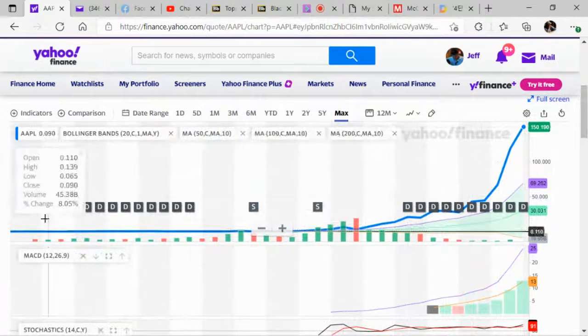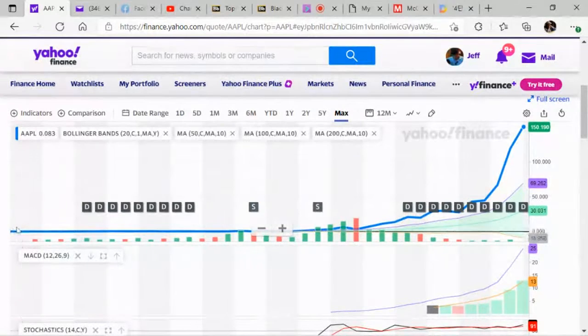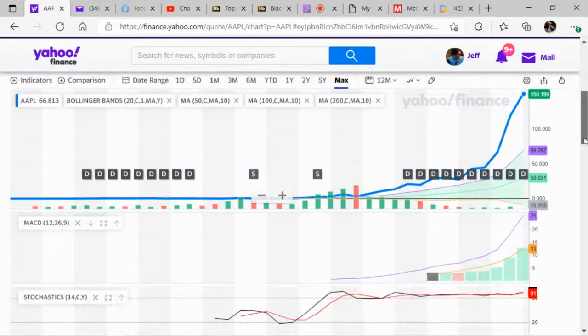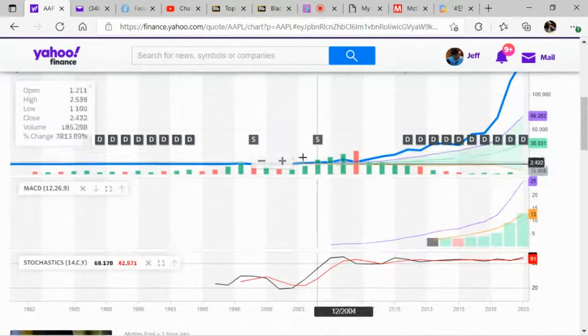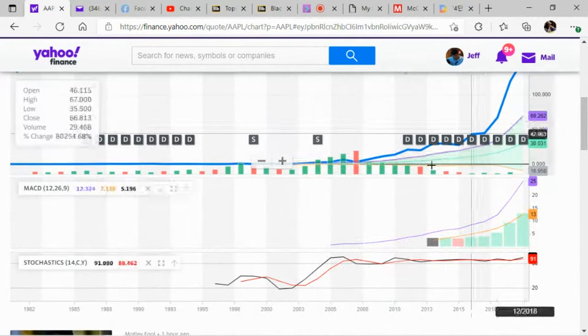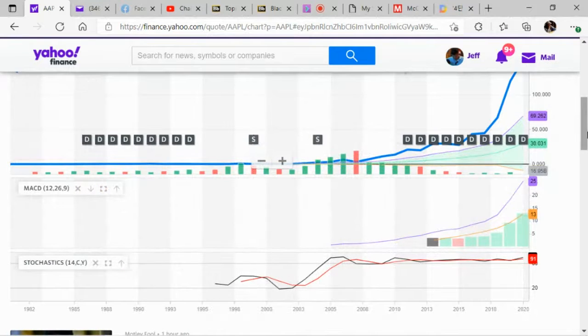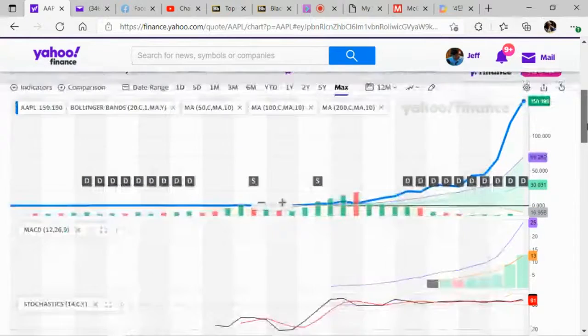If in 1981 it was 10 cents, at least four times, so it must have been at least $40. I think it was more than $40, just because of the consecutive stock splits.